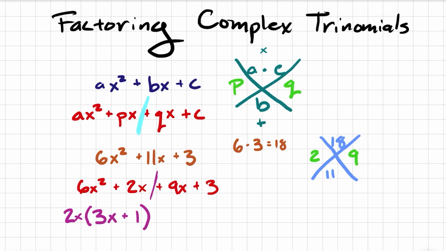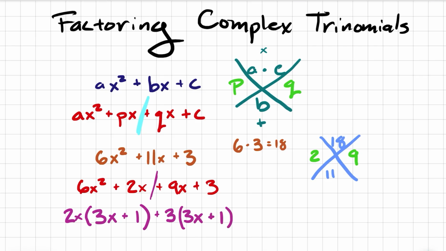Now I'm going to look at 9x plus 3, and hopefully you can pause the video and identify the greatest common factor, which in this case is 3. So 3 times what gives me 9? 3x. 3 times what gives me 3? 1.